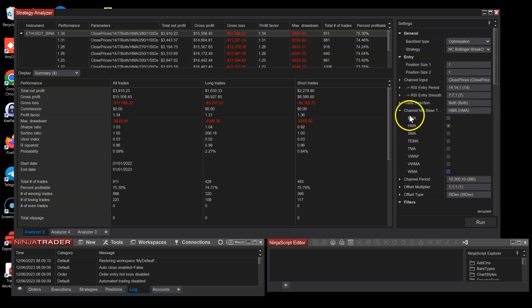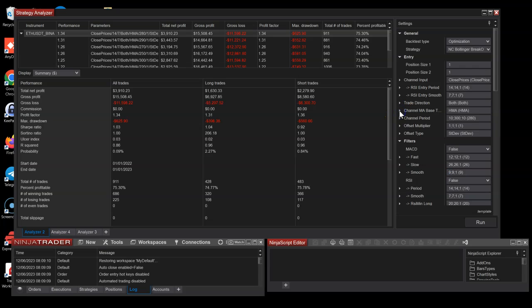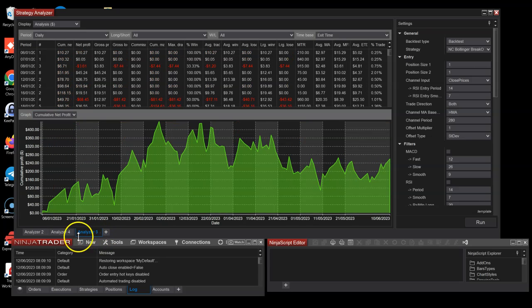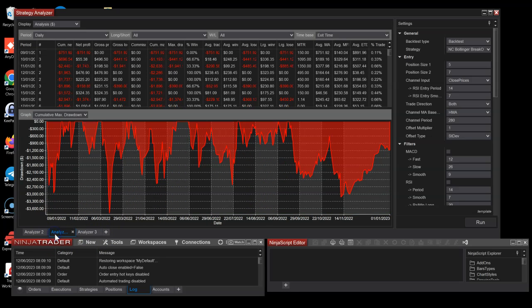So HMA, and we're going to go for the period. Where is that channel? 280. And this is going to be 280 as well. And so we're just preparing for our next optimization. And let's have a look at this stuff.